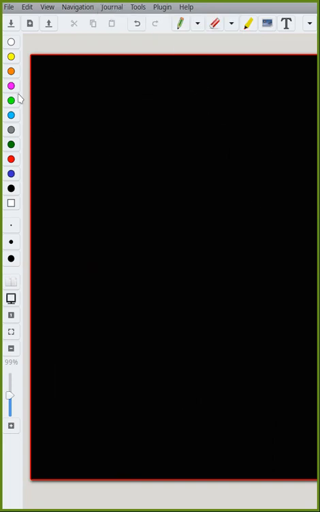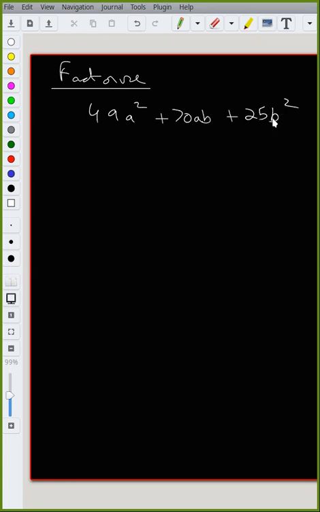Factorize 49a squared plus 70ab plus 25b squared.